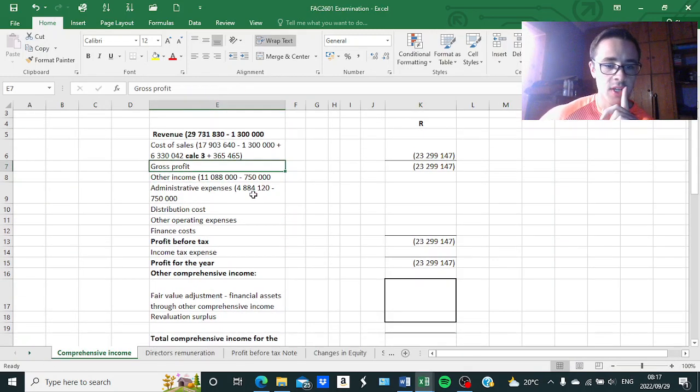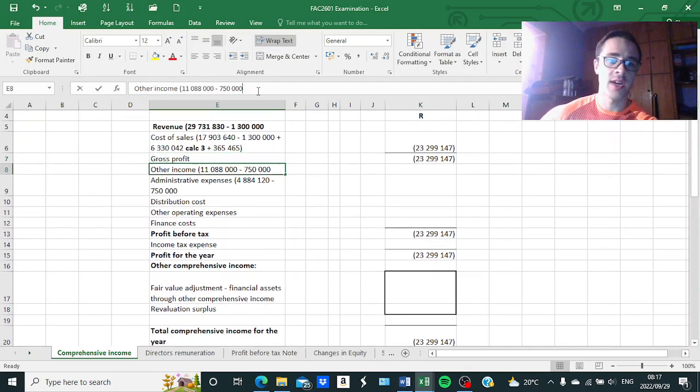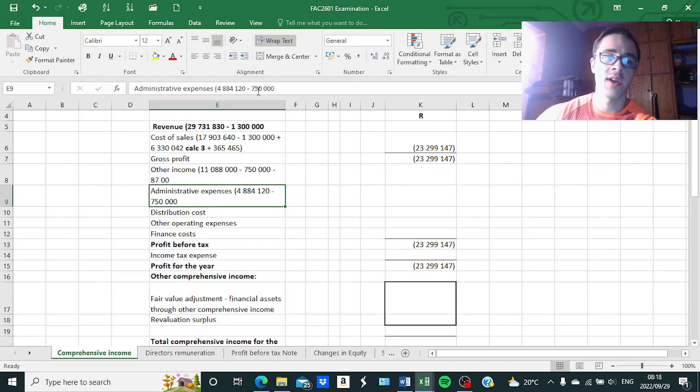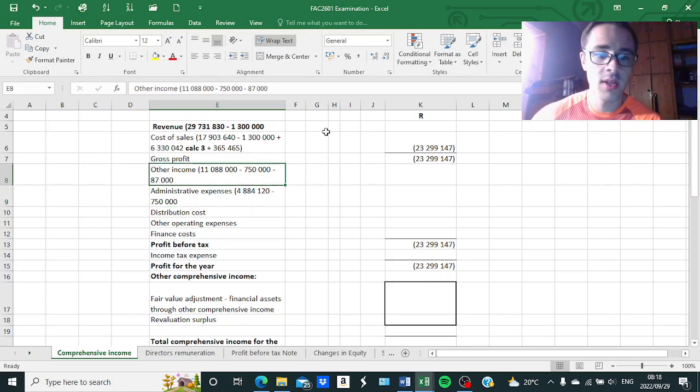Remember, it needs to be subtracted from the group's other income. We will still calculate the amount for the post-acquisition period, which we will add to these amounts. But we have shown the elimination of the unrealized profit in the group's other income, because it occurred in the post-acquisition period as well. So it will decrease the group's profit.